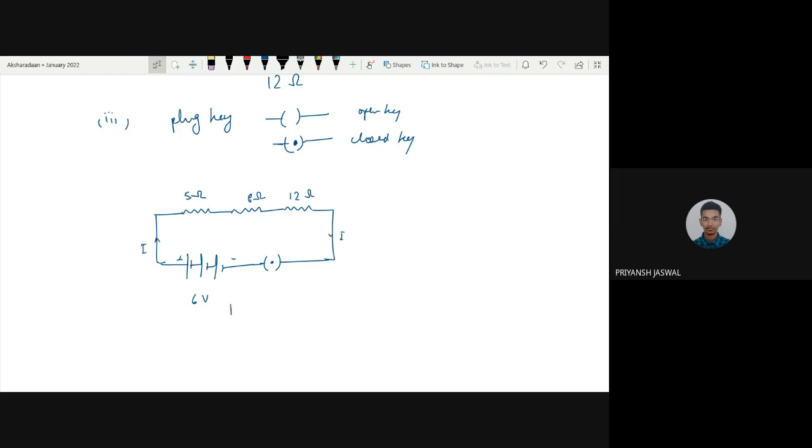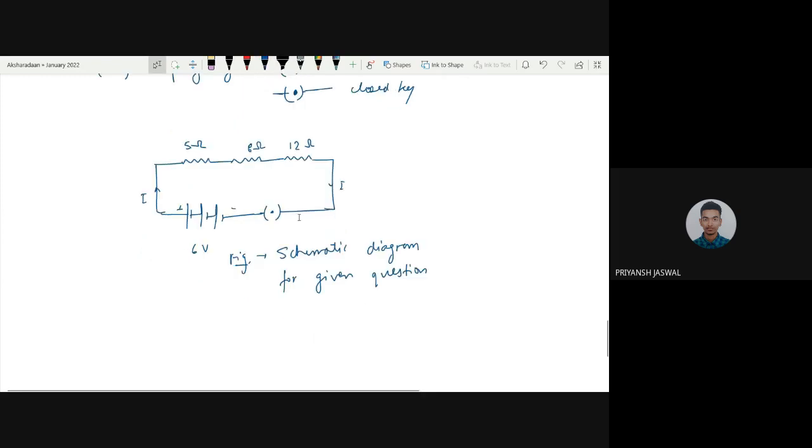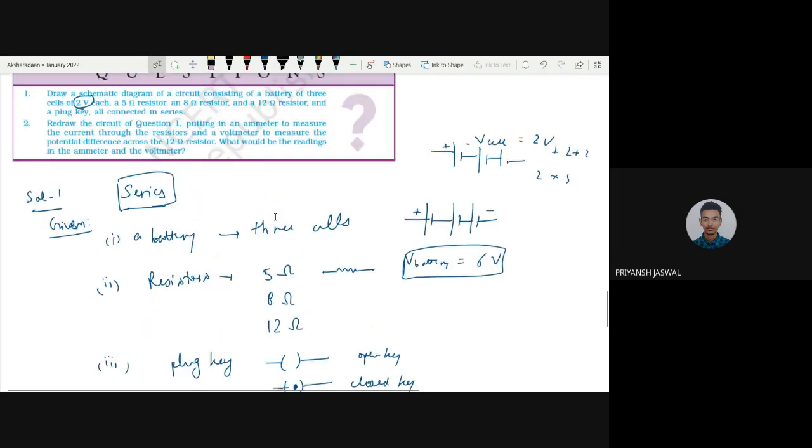So we have to write this also, like figure and tell about this. We cannot just leave the diagram. Schematic diagram for given question or given problem. Just this much would do, but it is necessary to write this.